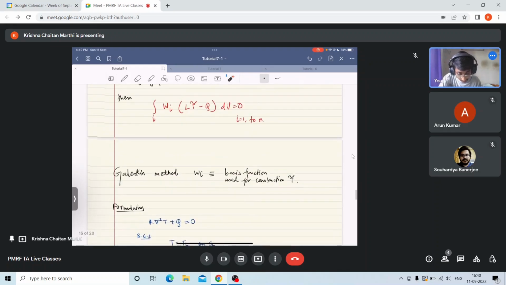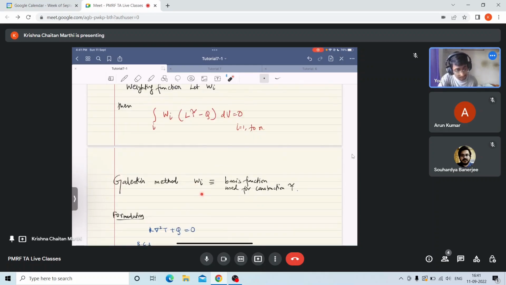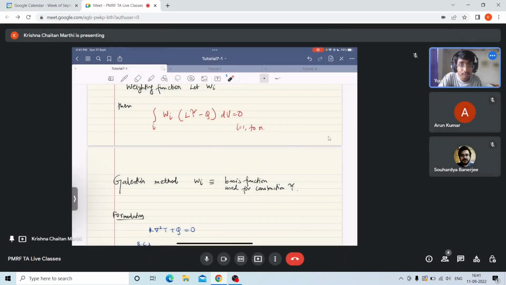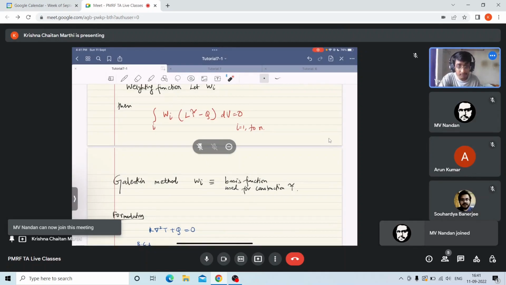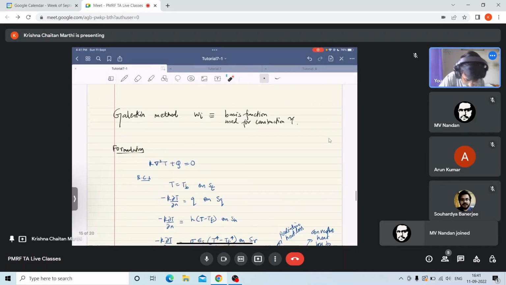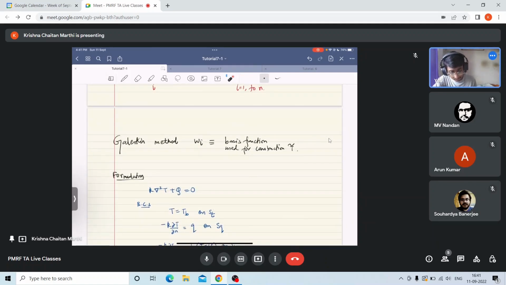In the Galerkin method, this Wi is basically the basis function used for construction of T tilde, and this is nothing but Ni, which we will look at further.